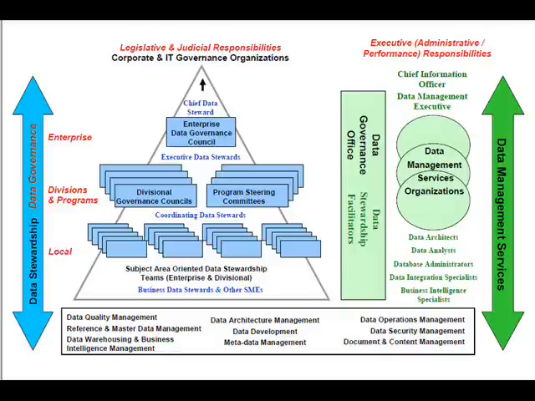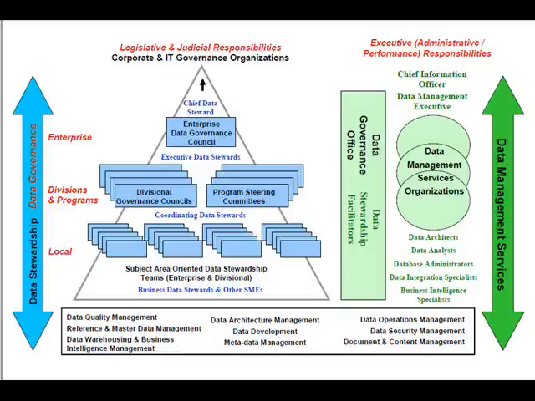The CIO is your data management executive. He or she oversees data management service organizations and is responsible for data architects, data analysts, database administrators, data integration specialists, and business intelligence specialists. Tying those together is the Data Governance Office and Data Stewardship Facilitators.